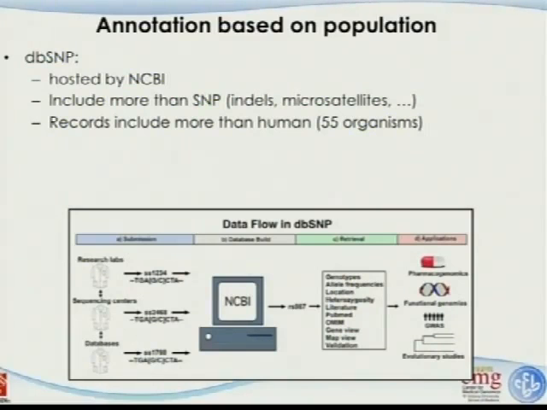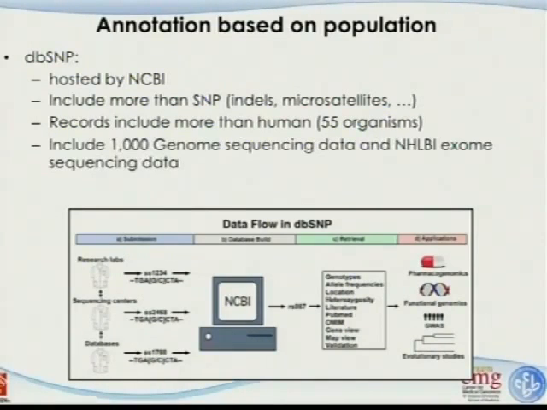So if we study animals, this is a good source to look into as well. And now it includes 1,000 genome sequencing data and the NHLBI exome sequencing data. So they have multiple data sources in their database already, and this is one stop that you can really go to.